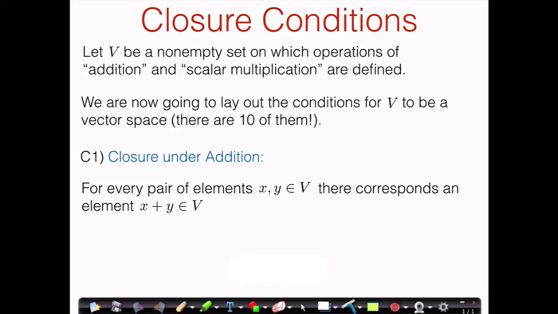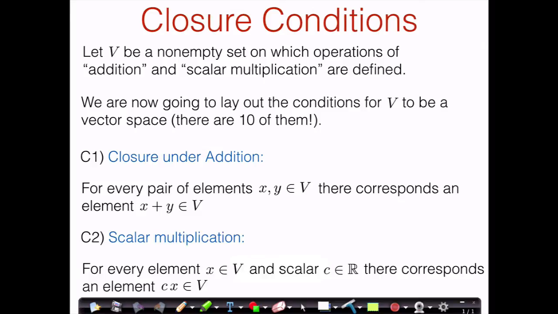The first condition is closure under addition. So this is very similar to the condition that we saw for something to be a subspace in the case of Euclidean spaces. Closure under addition simply says that for every pair of elements x and y in V, the sum x plus y is also in V. The second condition, closure under scalar multiplication, is also very similar to what we saw in the definition of a subspace.